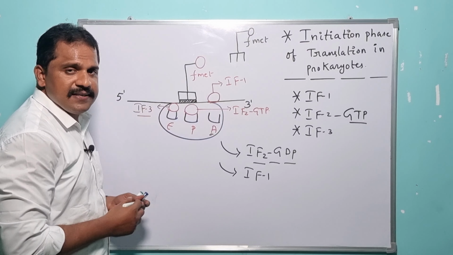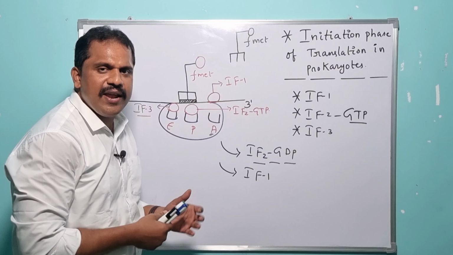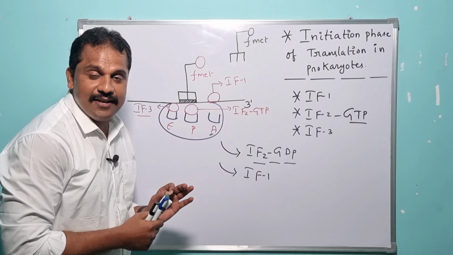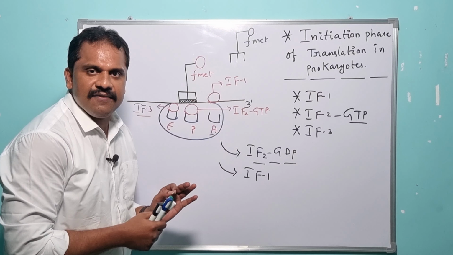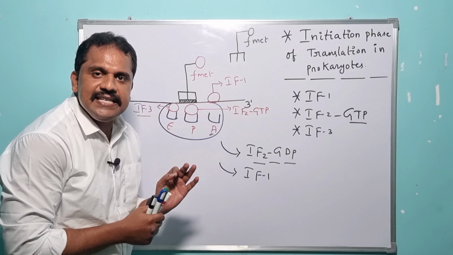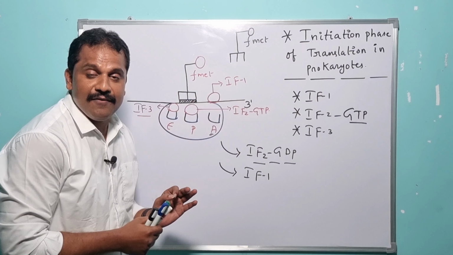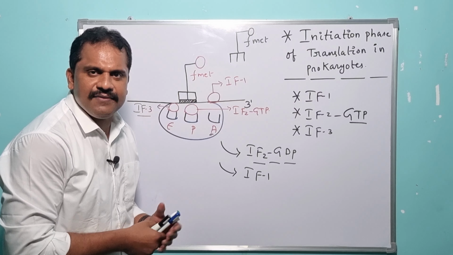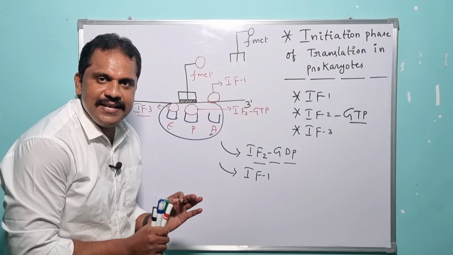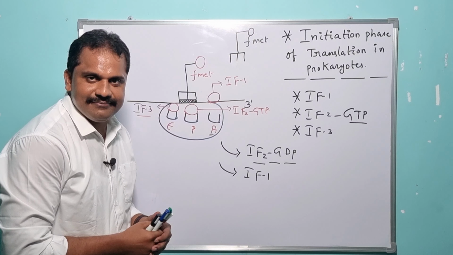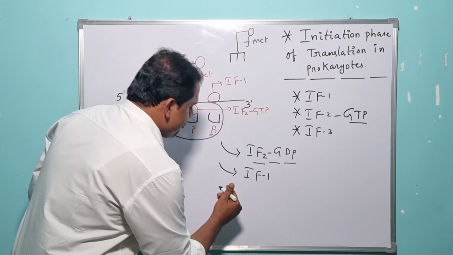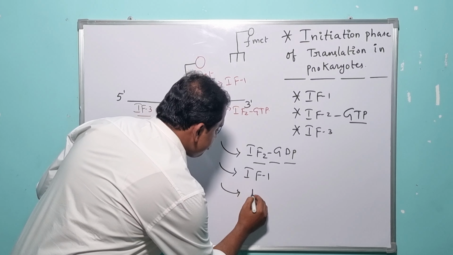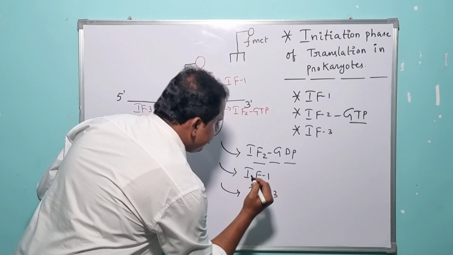Once initiation factor 1 has been dissociated from the A site, now initiation factor 3, which was recruited to the E site of the ribosome, is dissociated. Initiation factor 3.